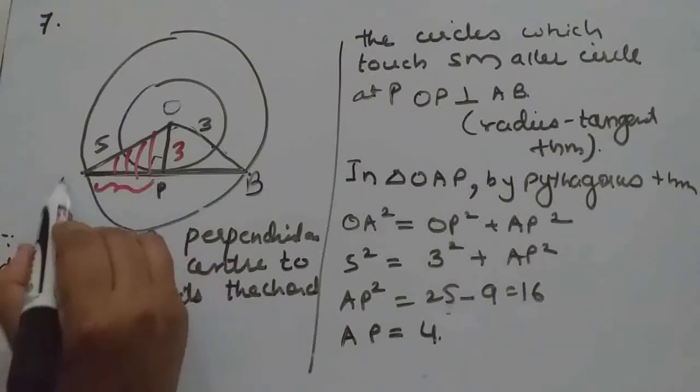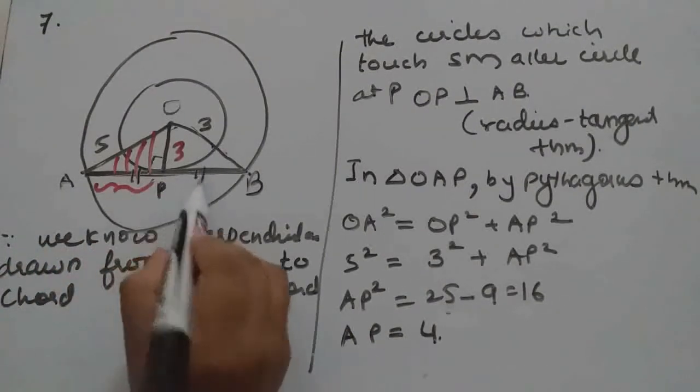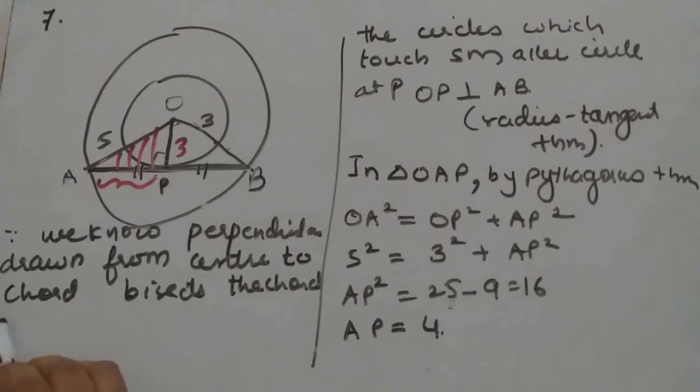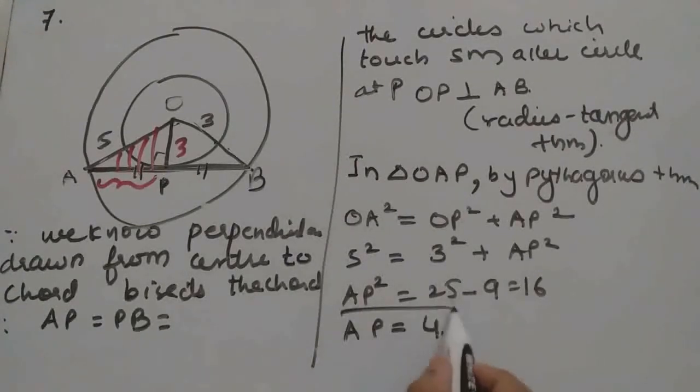Bisects the chord means this AP and PB lengths will be equal. Okay, therefore AP equals PB, but the AP length we got as 4.